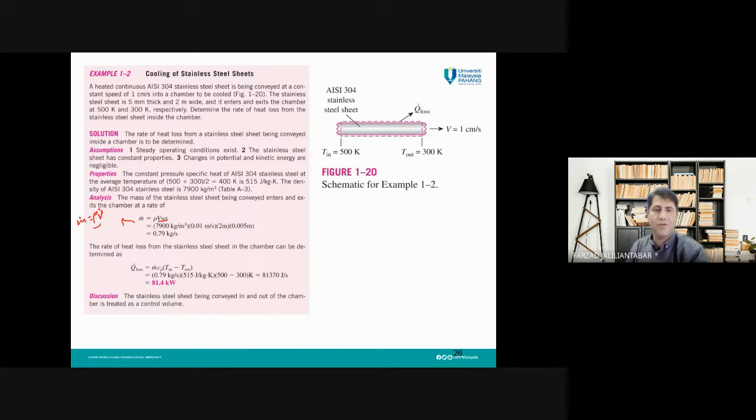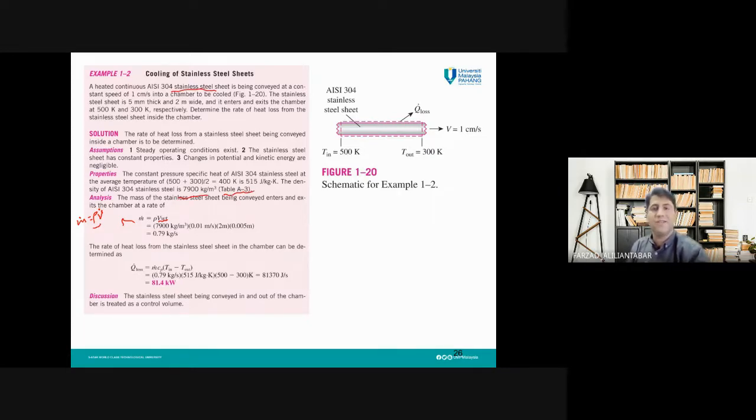It is known, and we can find it from the table in the textbook. As I said, I will show you these properties from different tables. From table A3, you can find the density for stainless steel.